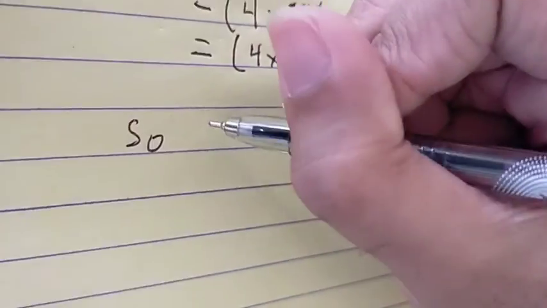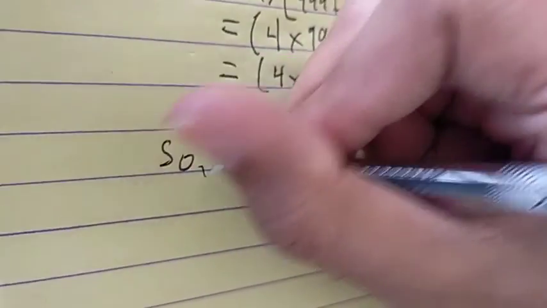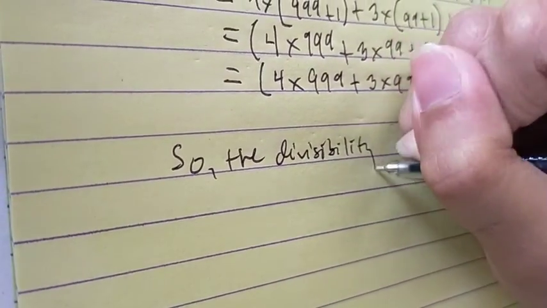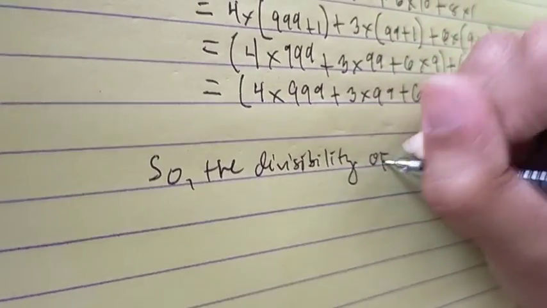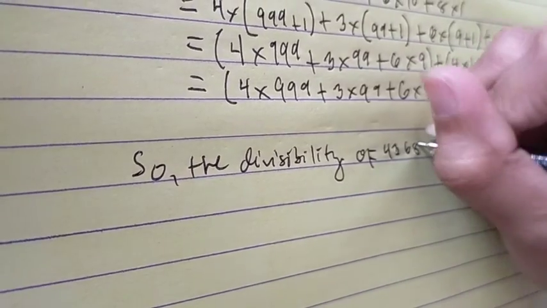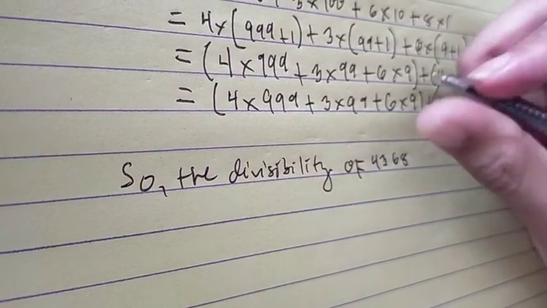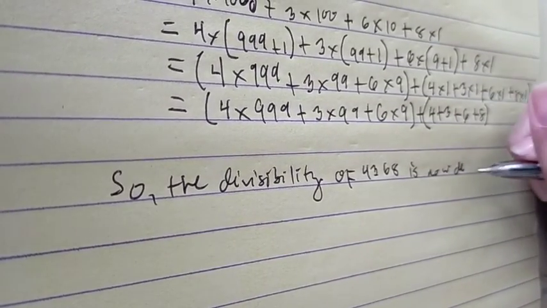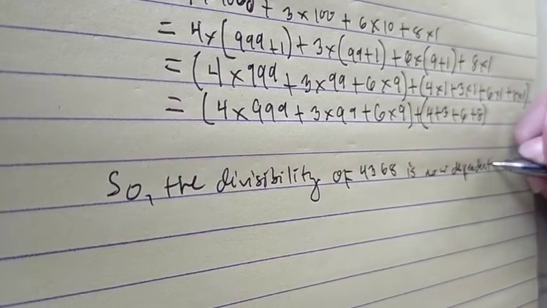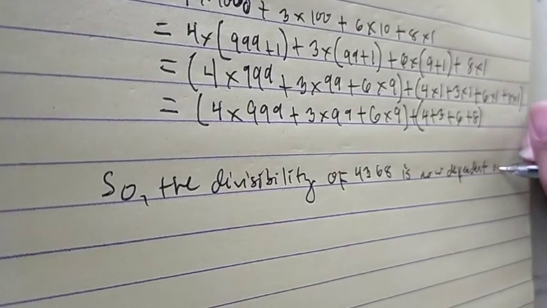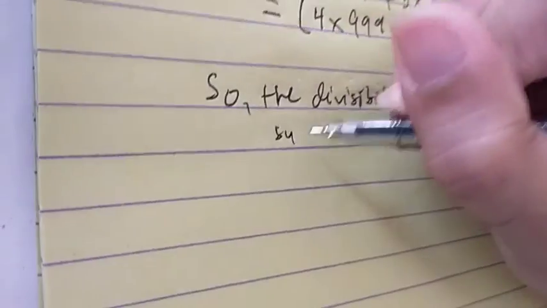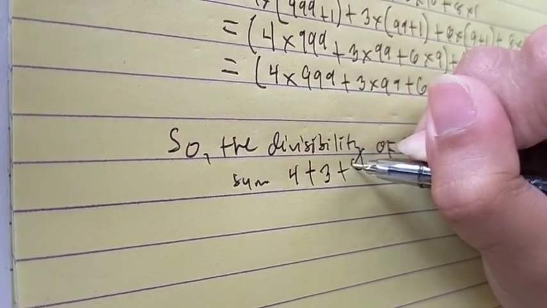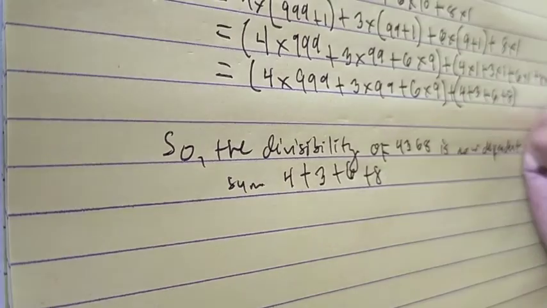So, the divisibility of 4368 is now dependent on the sum 4 plus 3 plus 6 plus 8.